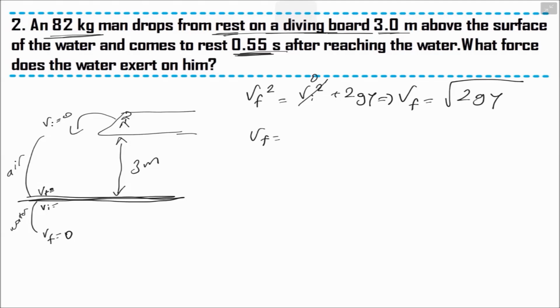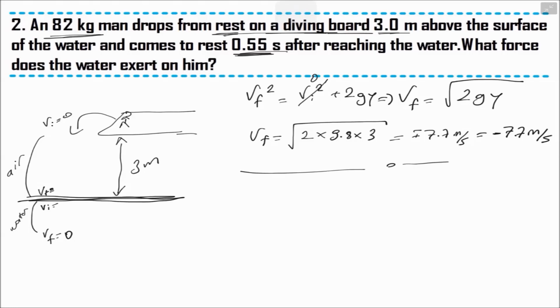So v final, if we substitute the numbers, is 2 times 9.8 times 3 under root, so it will be positive or negative 7.7 meter per second, because it is a square root. How do we decide the sign of the velocity? It is downward. Downward means negative y direction, so the result must be negative 7.7 meter per second.